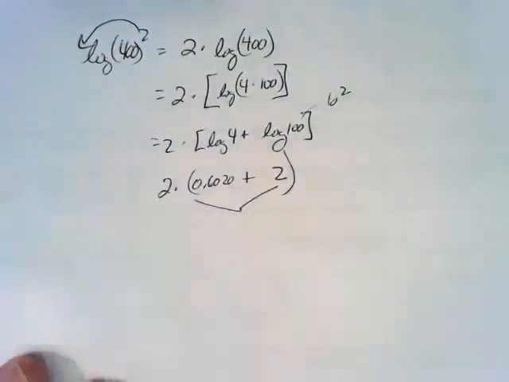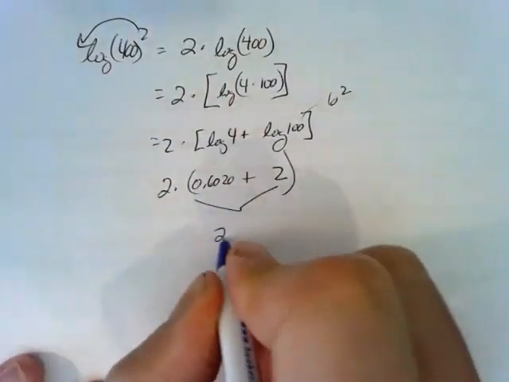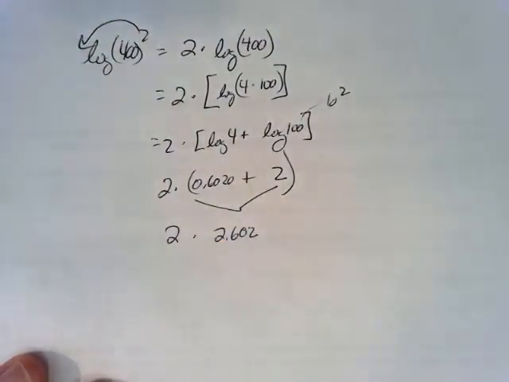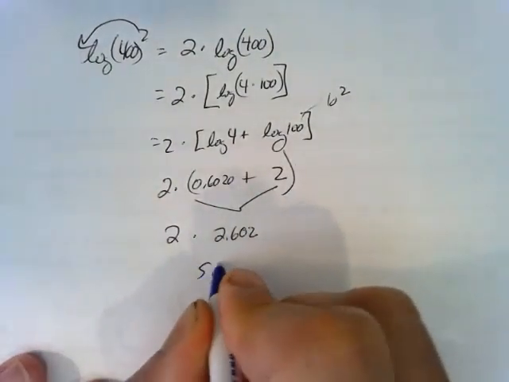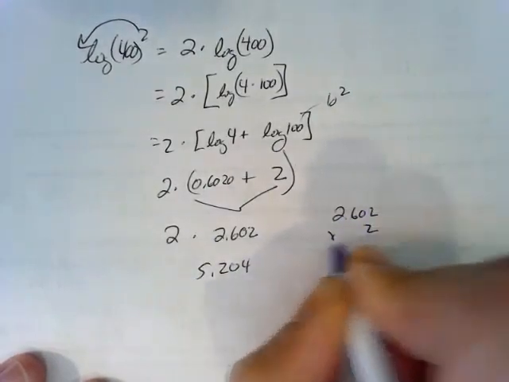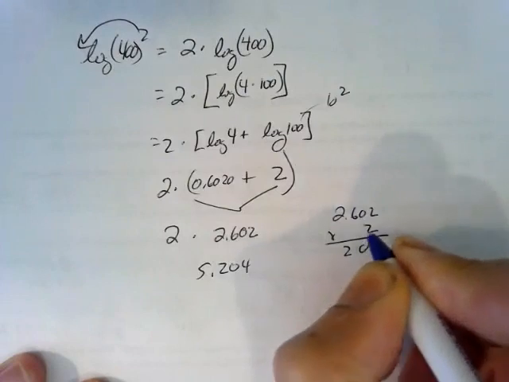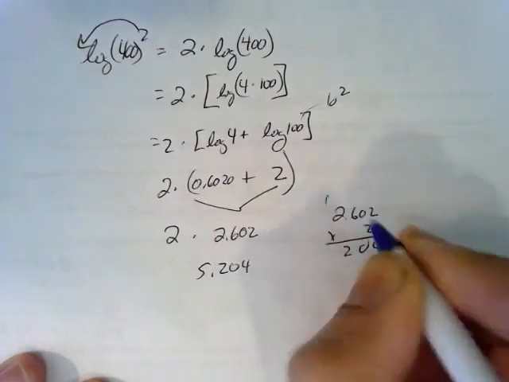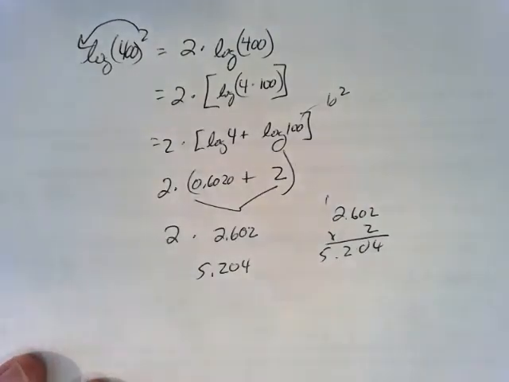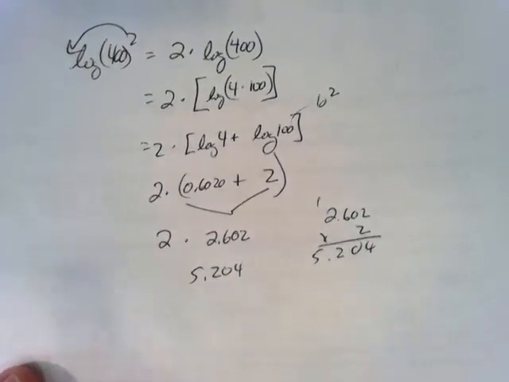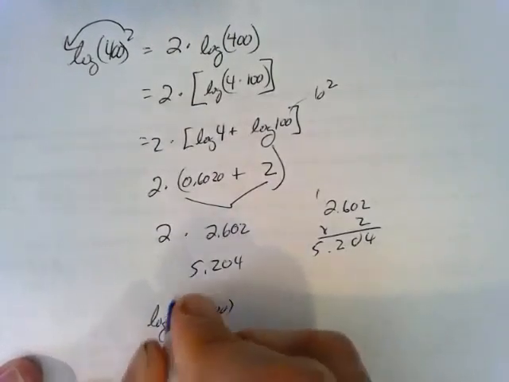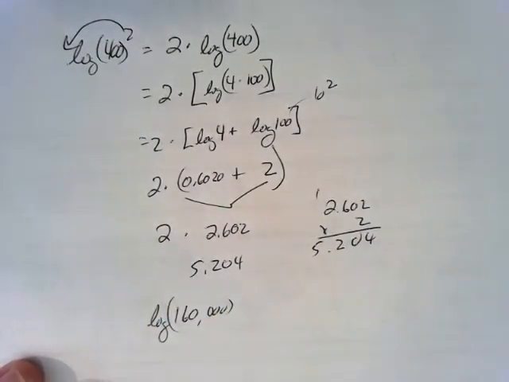So now the internal part, the 400 part, becomes 2.602, and then we still have the 2 hanging out there, which makes this 5.204. So 4, 0, 12, 4 plus 1 is 5, 5.204. Okay. And I guarantee if you take out your calculator and you punch in that, you will get 5.204.